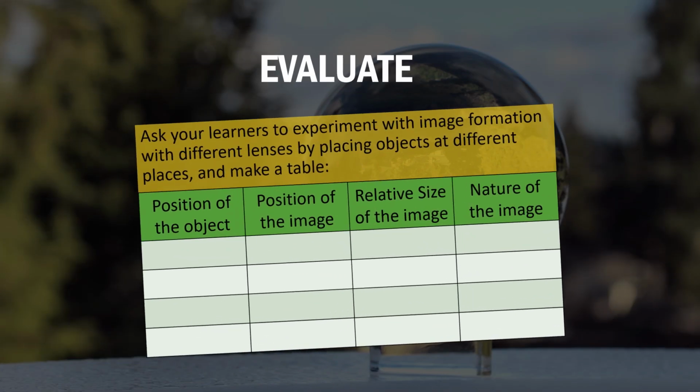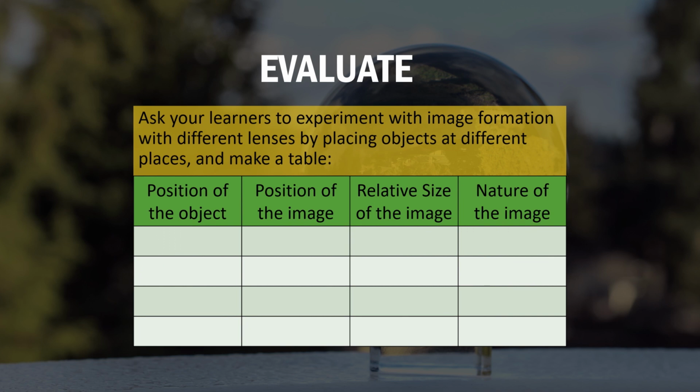So, what do you need to do again? You give your learners different types of lenses, an optical bench, and some object or a candle. Let them experiment.